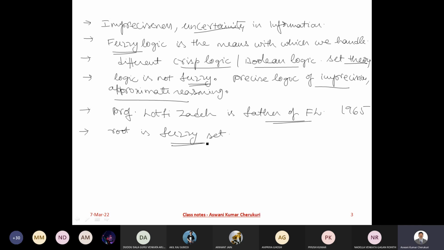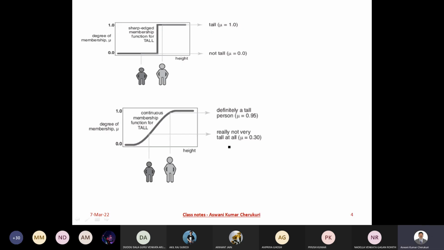When we introduce fuzzy logic, what happens? For the same problem of height that we have seen in the previous slide, in the previous case we are saying an individual is tall when that individual is above that particular height, and we are saying another individual who is not above that particular height is not tall.